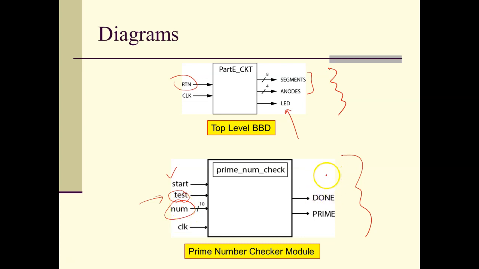When it is finished checking, it asserts this done output. At that time, if the number is prime, it will also assert the prime output. If the prime output is not asserted when done is asserted, then it wasn't a prime number.